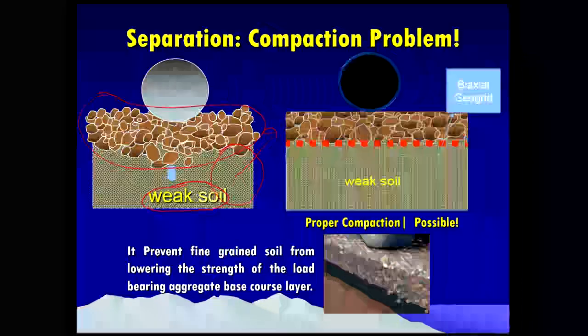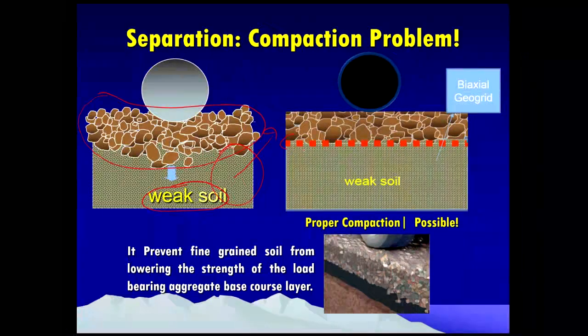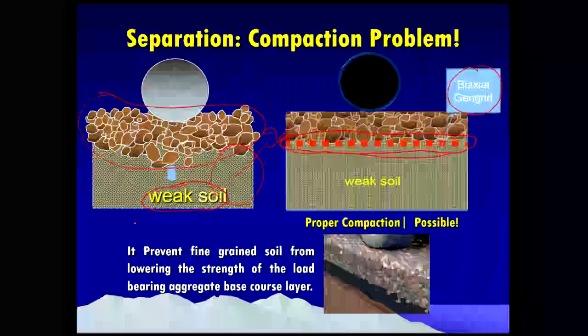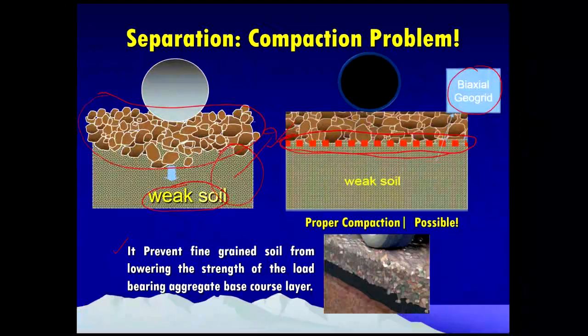So if we provide some kind of geosynthetic material here, this is a biaxial geogrid, now you can see the load distribution that is happening. What this does is prevent the fine grained soils from lowering the strength of the load bearing aggregate in the base course layers, and proper compaction is also possible.